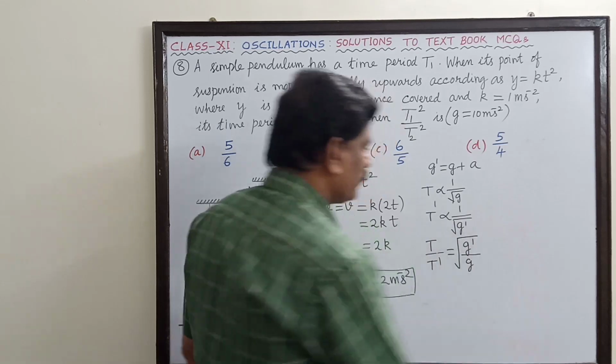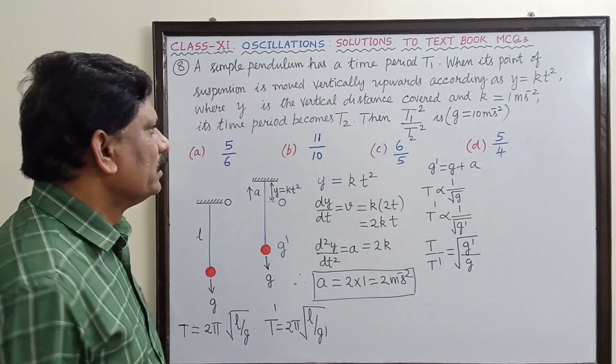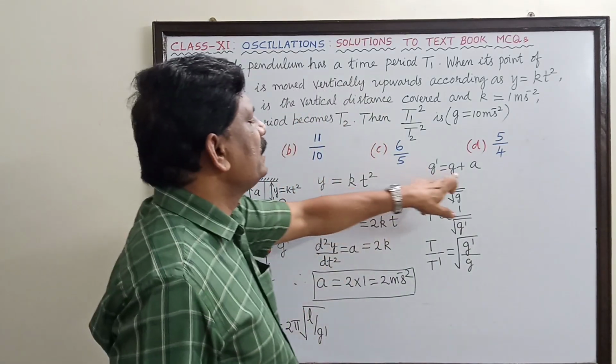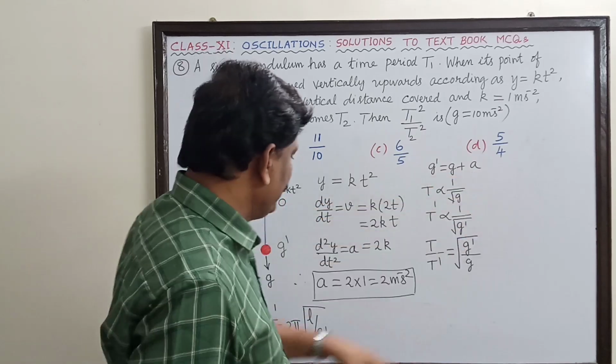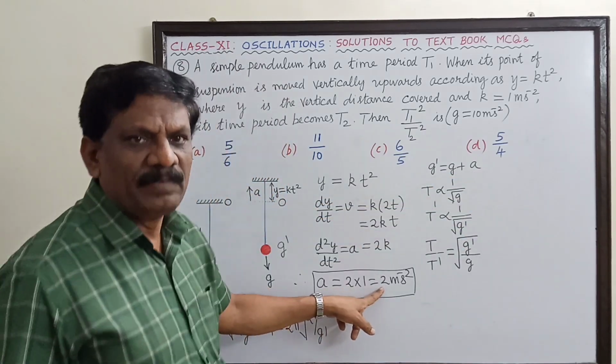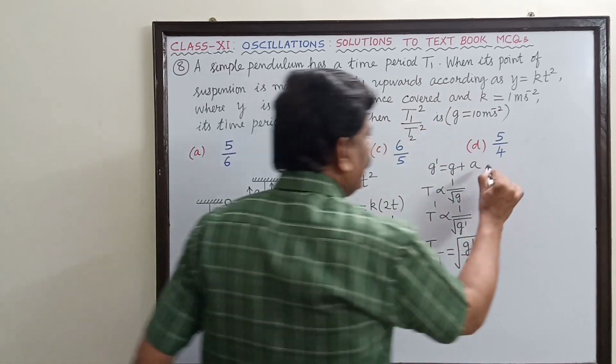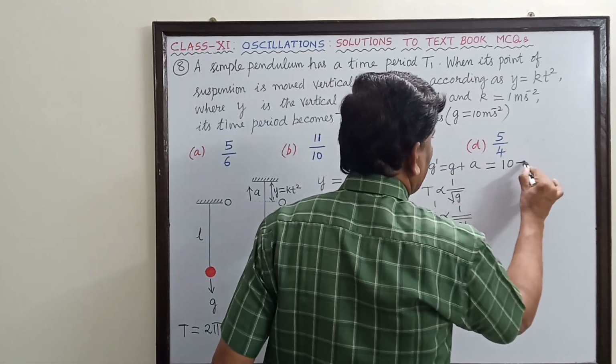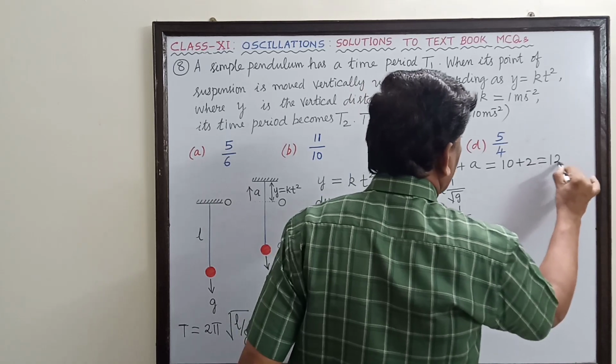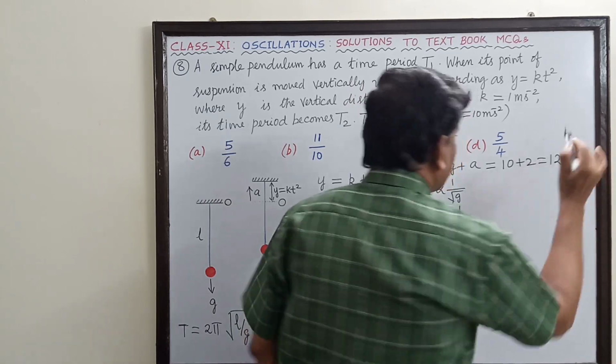Now, g dash is equal to g plus a. What is the value of a we have found? 2 meter per second square. What is the value of g given here? 10. So here I substitute: 10 plus 2, that is equal to 12 meter per second square.